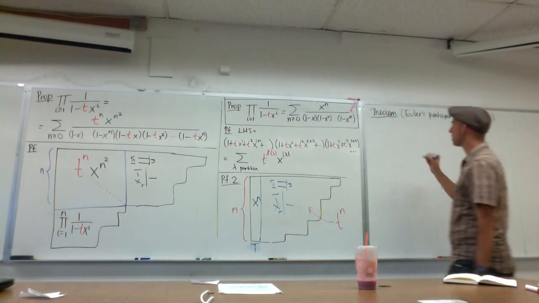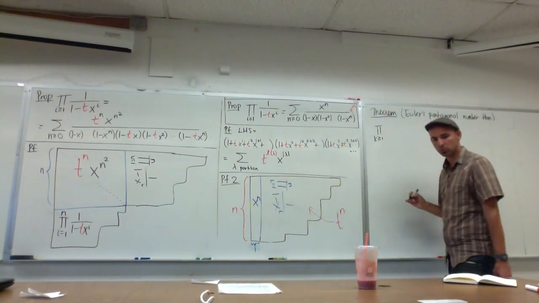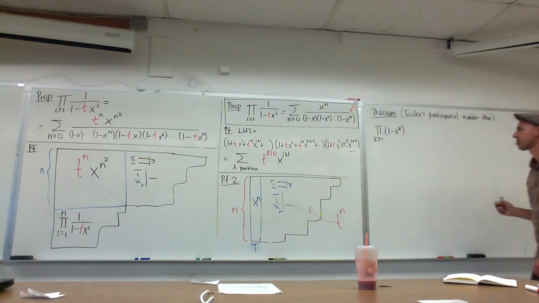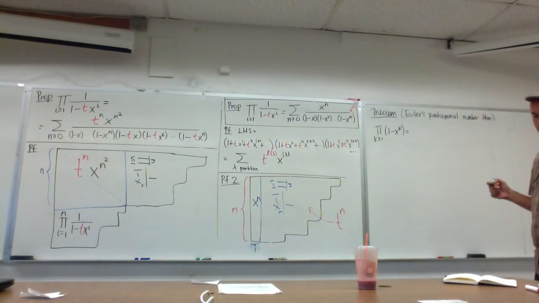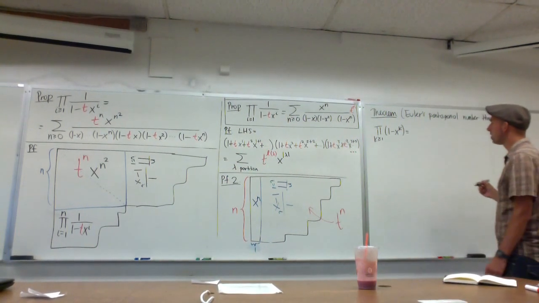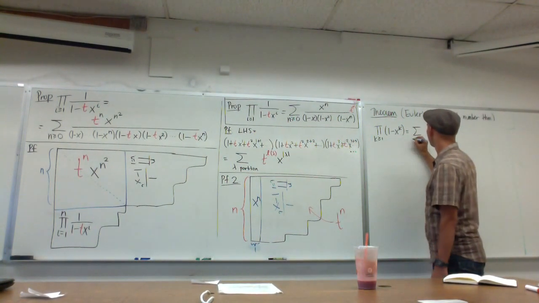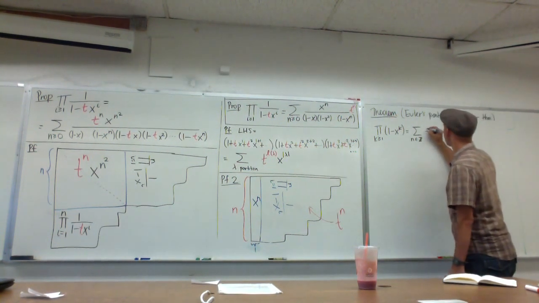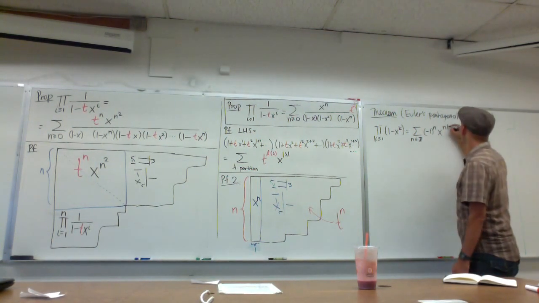And it says the following, that if you take the product over k greater than or equal to 1 of 1 minus x to the k, then you get the following thing. You get the sum over all integers of minus 1 to the n x to the n times 3n minus 1 over 2.